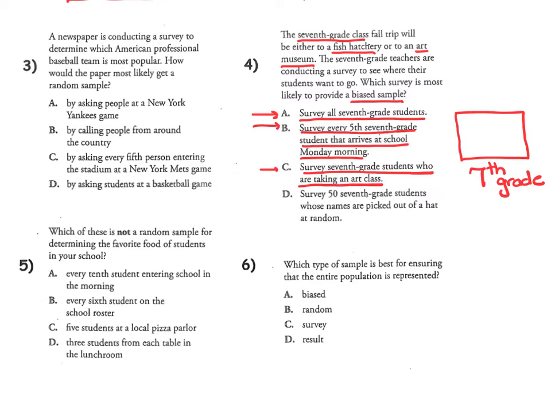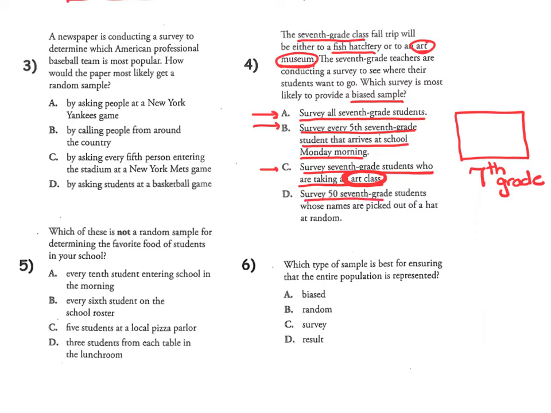Well, that could be a problem because not every 7th grade student would have a chance of being selected and surveyed, and the art class may show favoritism for the art museum. That's unfair. But let's just read through choice D.